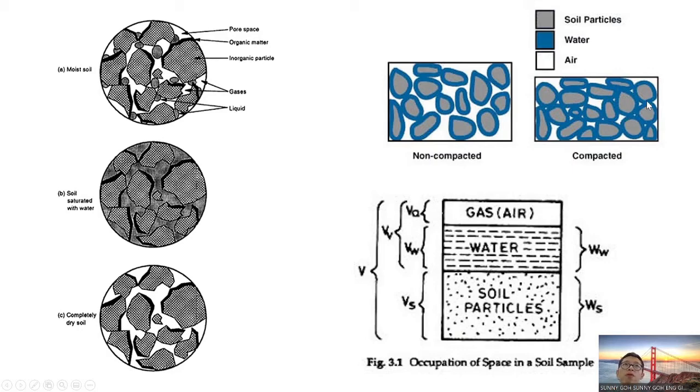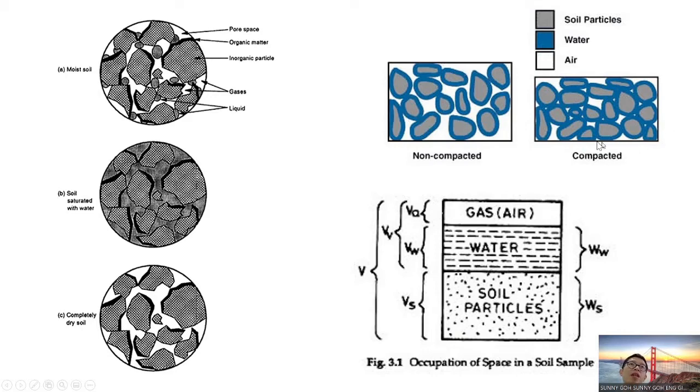So if you look at the diagram here on the right side, you can see that there is a difference between non-compacted soil and compacted soil. In a non-compacted soil, you have loose particles that are loosely arranged, and in this situation, we have soil particles which are also attached by liquid water, but loosely arranged.